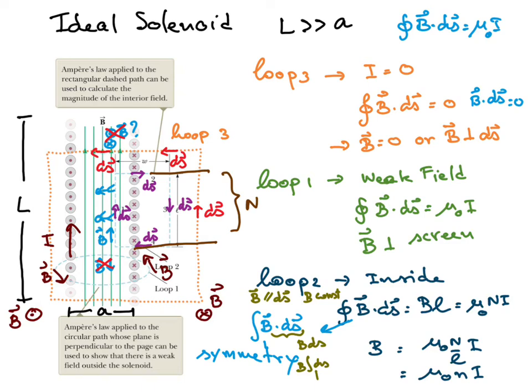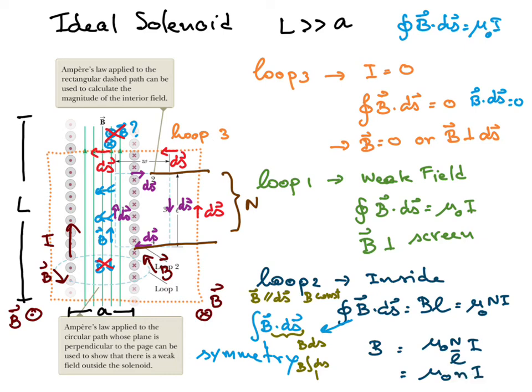Now we will explain why we call this a weak field. When we look at this relation, we have that the integral of B dot ds is equal to mu 0 I. Even though we will not calculate B here, we know that this B is proportional to this N, right? When you see the field inside the coil, B is proportional to mu nI. And in practice, n can be very large.